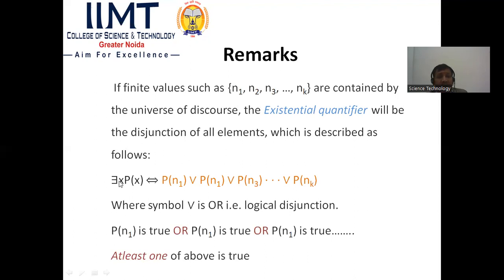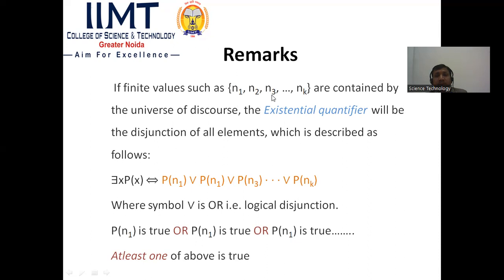Then if we are saying there exists x P(x) is true, that means either this property is true for the first object n1, or this property is true for the second object n2. Sorry, by mistake this is written P(n1), it should be P(n2).